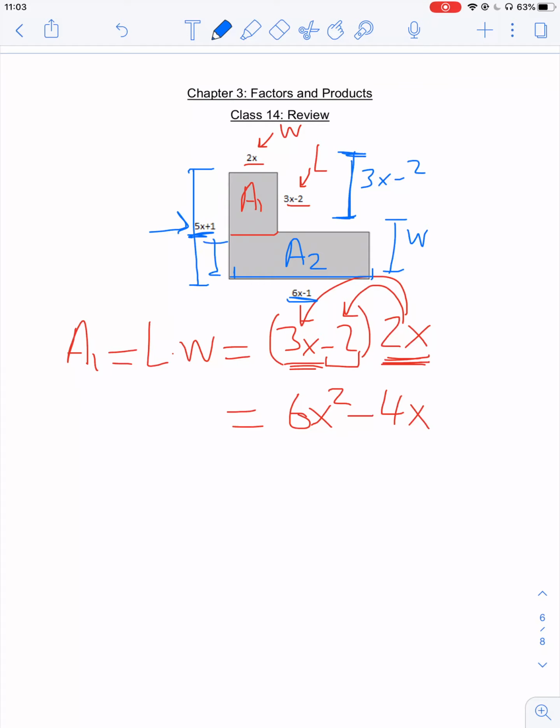So let's calculate this using algebra. So we have to do the bigger side minus the smaller side. So the bigger side is 5x plus 1, right, this one. And then I have to remove this length, so the 3x minus 2. So 5x plus 1 minus 3x minus 2.